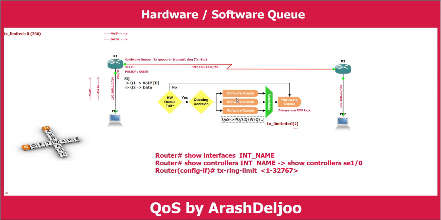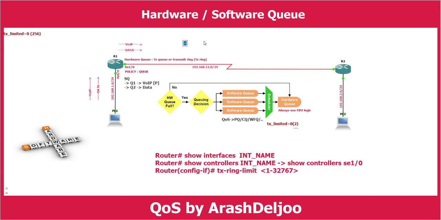All right, but here we have one important note that you should know about. Maybe you think that the packets or traffic received from FastEthernet 0/0, after routing to the serial 1/0, should go first to the software queue and then to the hardware queue. Let me write it here.